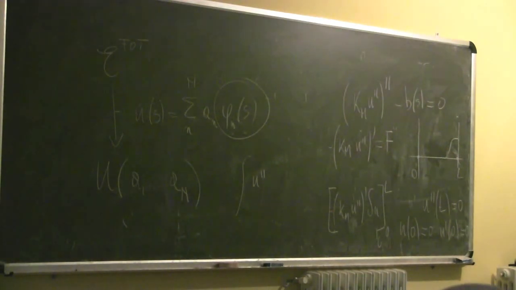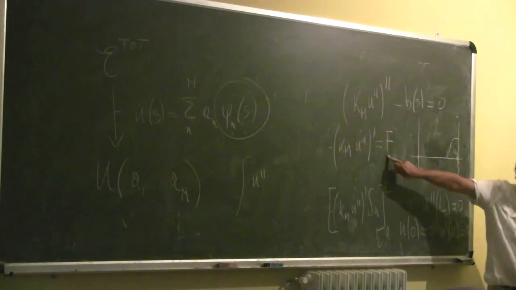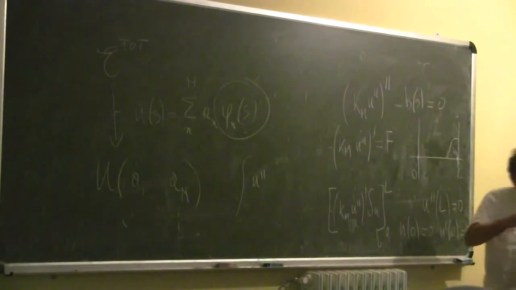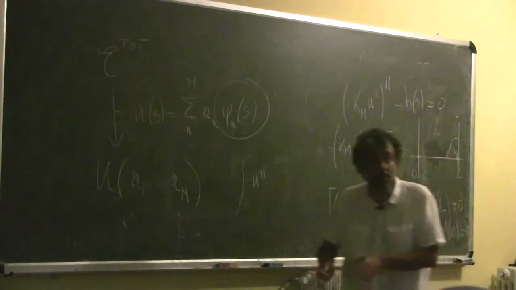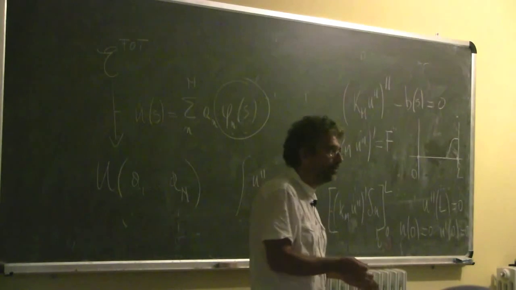So I need 4 integration constants. I have 1 condition, 2 conditions, 3 conditions, 4 conditions. Exactly as many boundary conditions as integration constants I have.